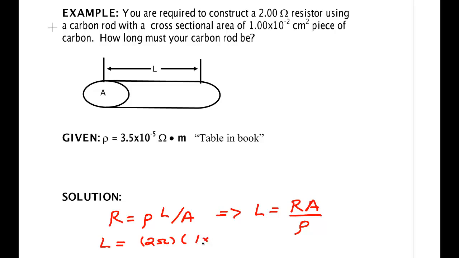times 1 by 10 to the minus 2 centimeters squared, but I need to get that in meters. So I have 1 meter per 100 centimeters, and I need to square that.